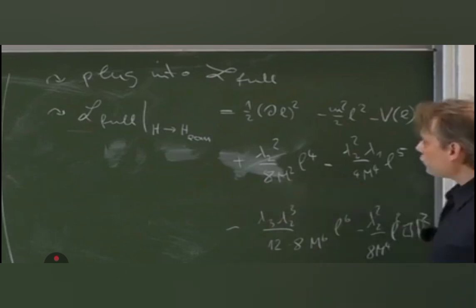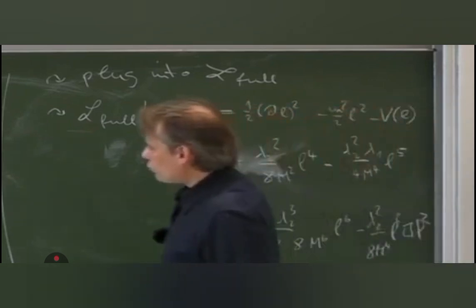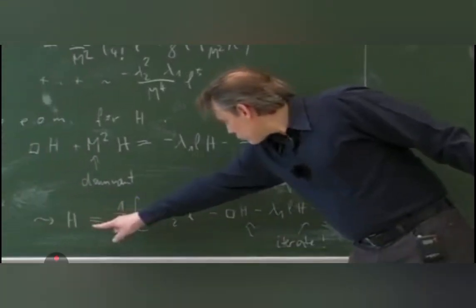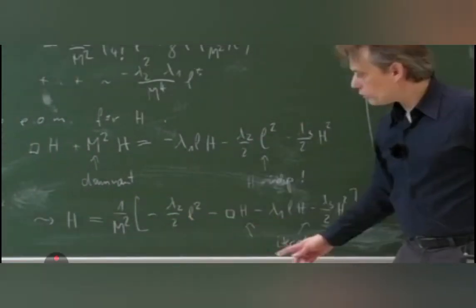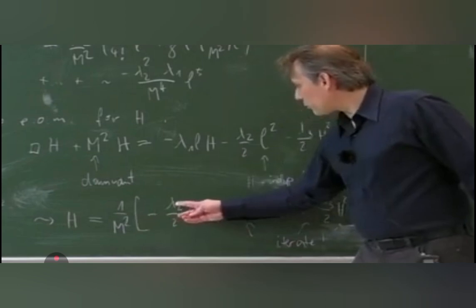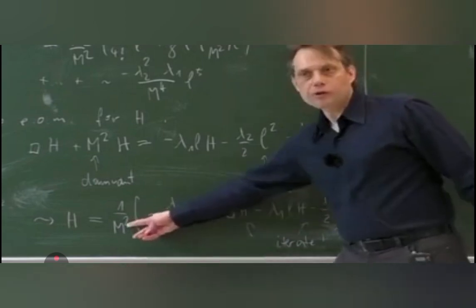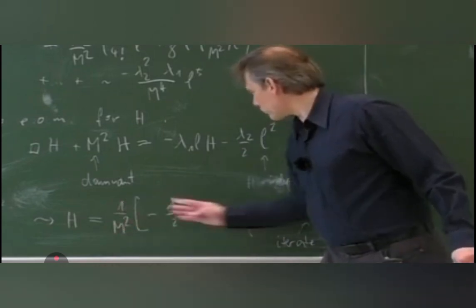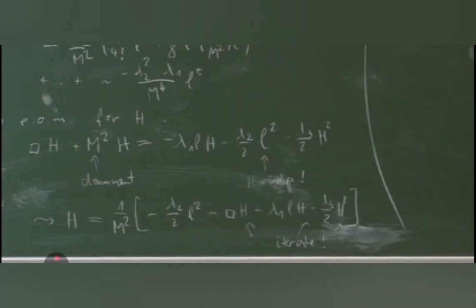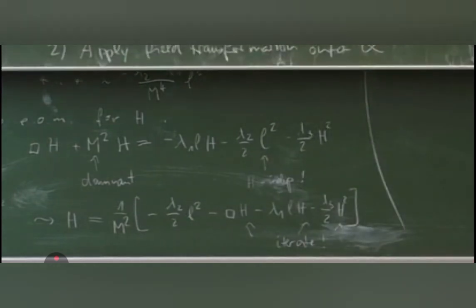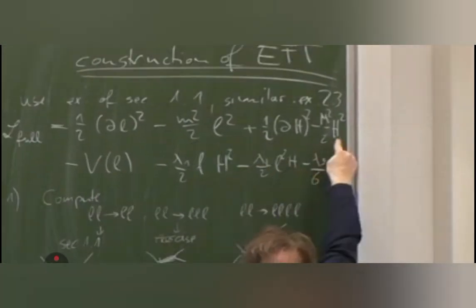Where does it come from? It comes from two origins. If we take the solution here, H at lowest non-vanishing order, H is just given by lambda 2 over 2 L squared divided by capital M squared. So let's just take this simple solution for capital H, and then we plug in the solution here, here and here, in both places.